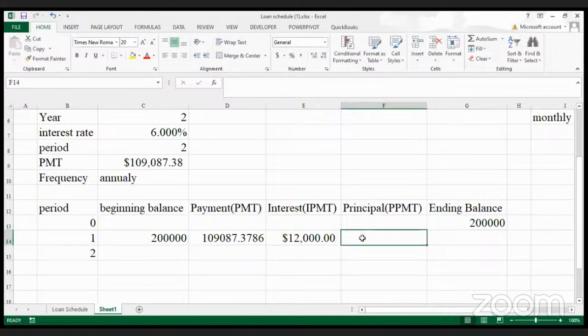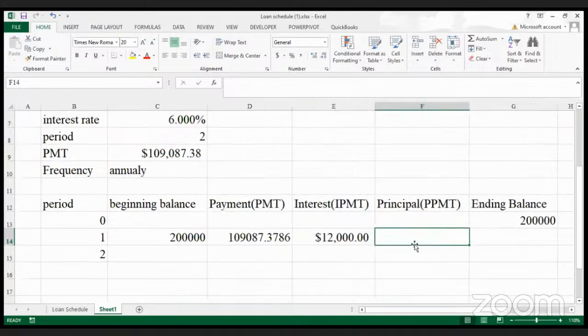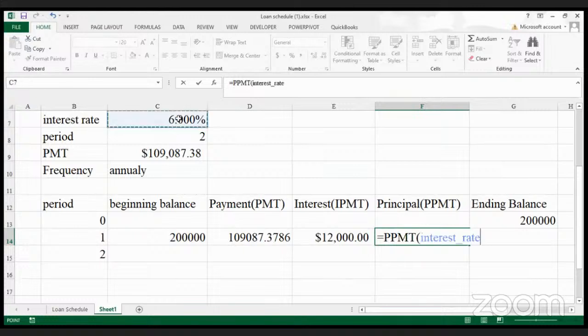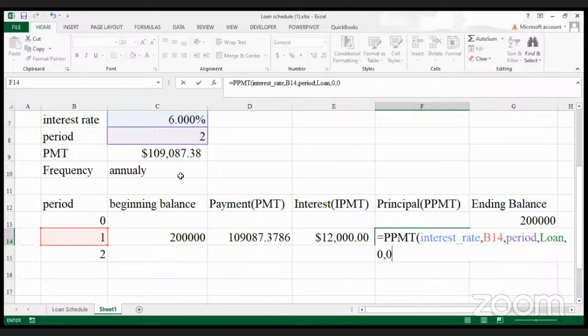We simply say equal to PPMT, so rate provided here, comma, period is 1, comma, number of periods provided up there, comma, present value is the loan amount, comma, future value 0, then type is 0 to mean end of the period, close your bracket.